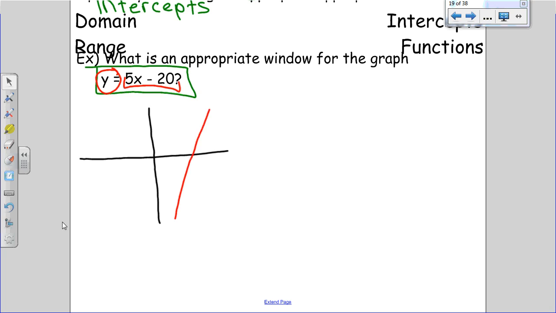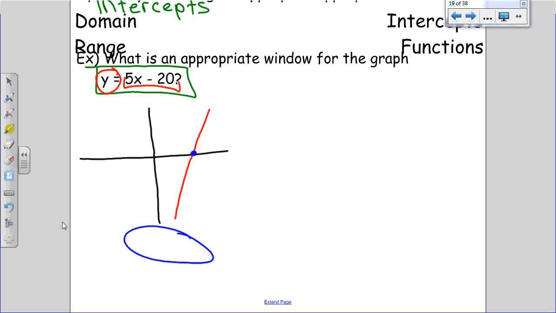If I look at that, this isn't what we would call an appropriate window because I can't see my X and my Y intercepts. I can see my X intercept, it's right here. However, my red line, my graph, does not cross my Y-axis in my current window setting. My guess on where it's going to cross is somewhere down here. Okay? Just by looking at the axis and looking at the line, it kind of makes sense it's going to cross down there. And it doesn't seem like it's really going to be that far away.